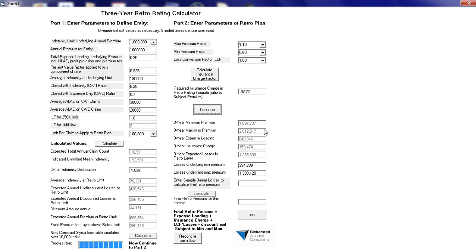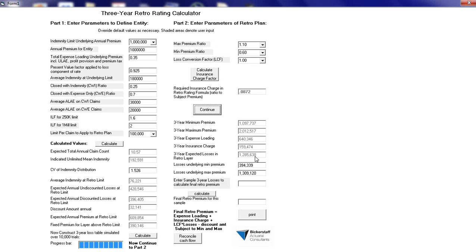So somewhere between these two, the minimum and the maximum, basically you're paying for your losses plus this insurance charge to make it come out even. And there's the insurance charge right there. That's 8.7% of the $1.8 million, which is 3 times this number here.